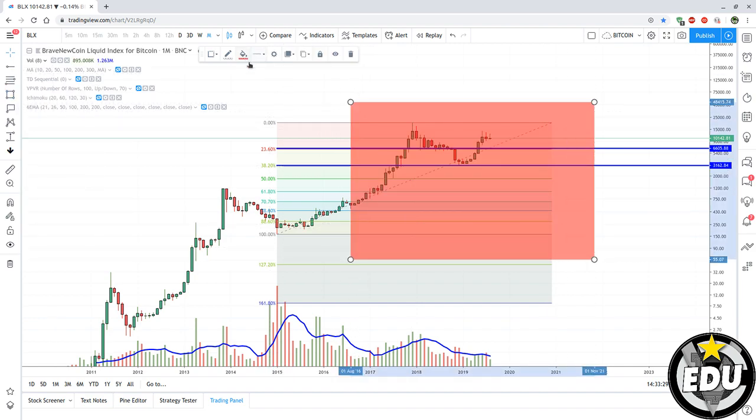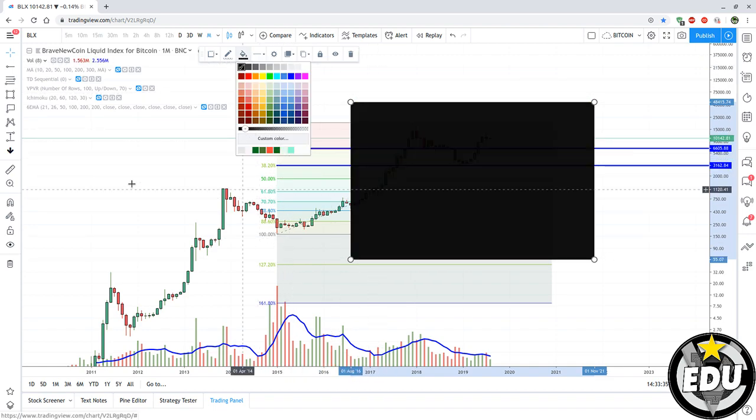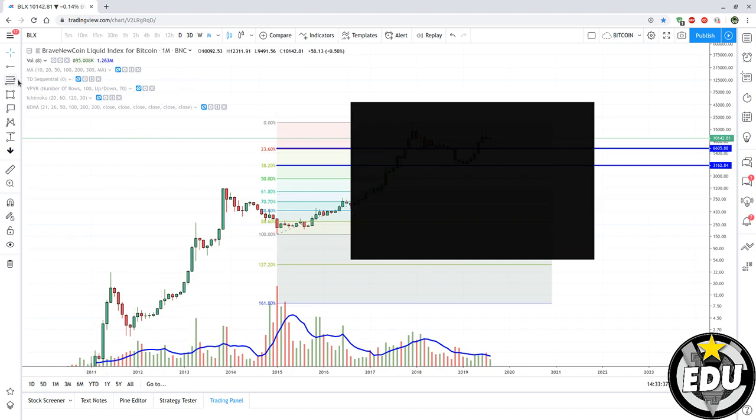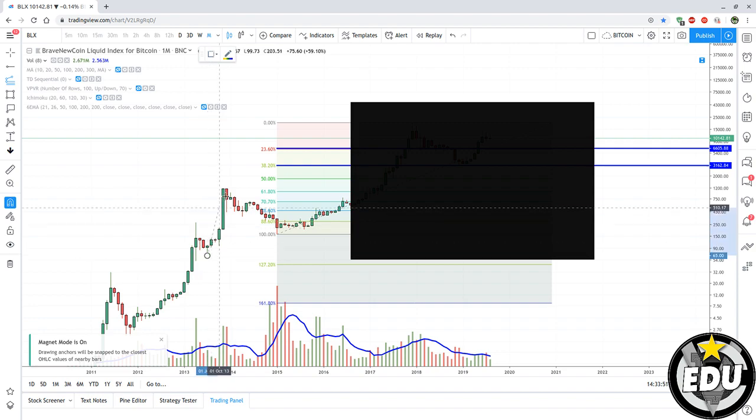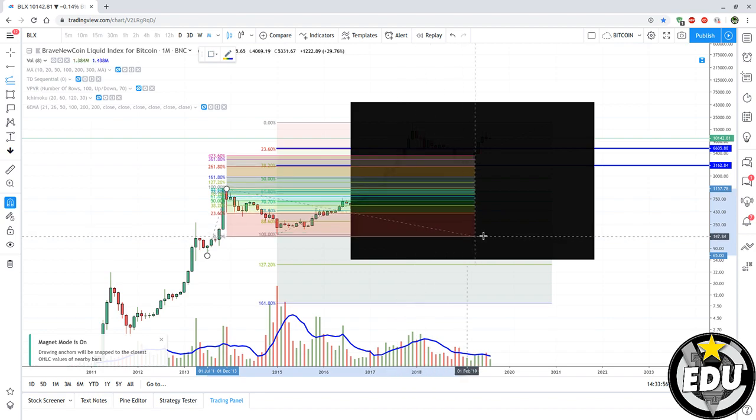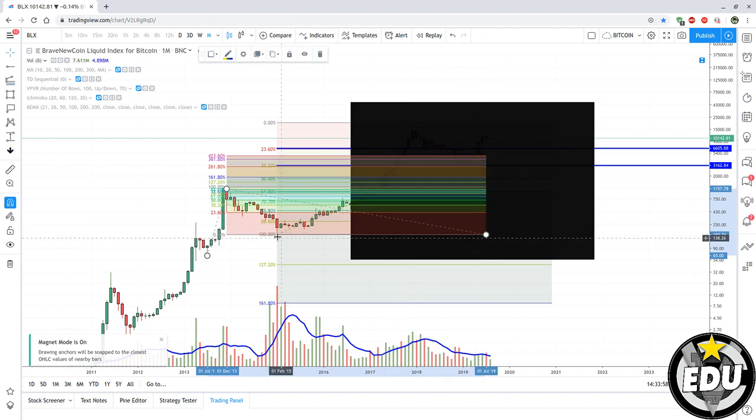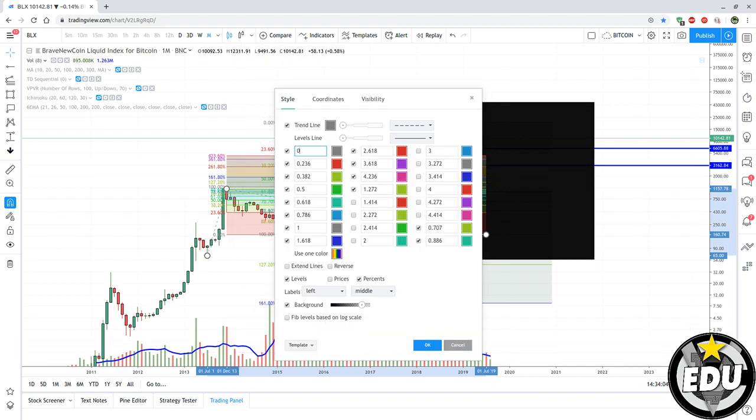If I didn't know this before and I just had this chart, I can trace a simple base extension from the bottom of this bull run correction, using the magnet mode, to the top of a trend, down to my correction 100. Of course, I'm going to change the Fibonacci to logarithmic because I'm using a logarithmic scale. So Fibonacci levels based on log scale.